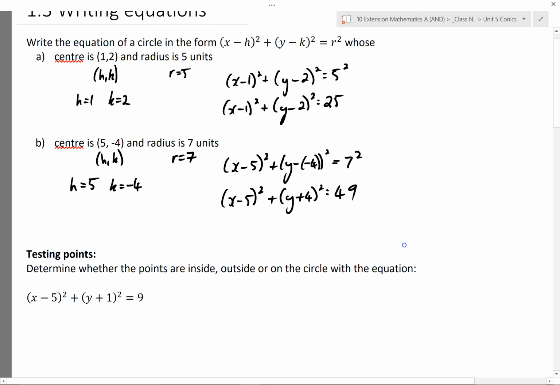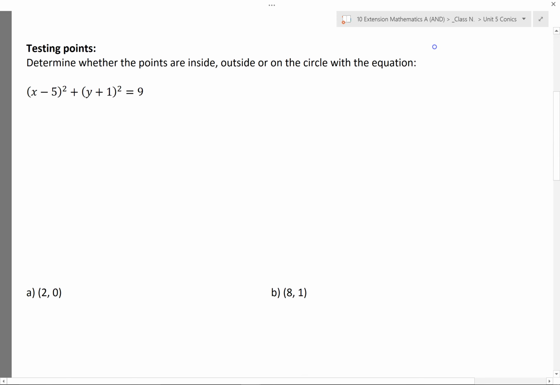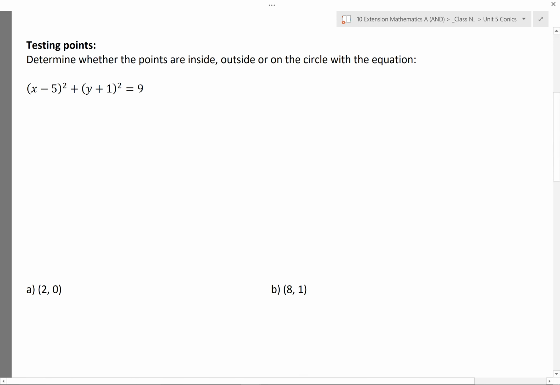Okay, the only other skill that you need to have is to be able to test points to see whether they're inside or outside the circle. The way this circle formula works is this part of the equation is essentially the distance squared from the center.